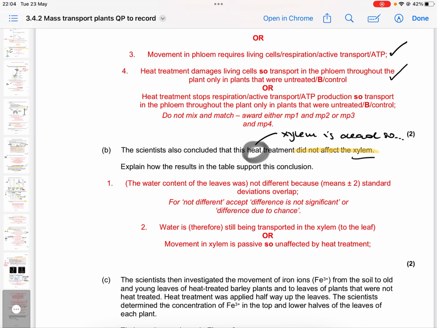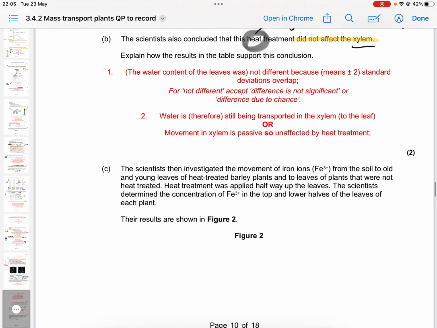So what does the table show us? The standard deviations overlap here, so there is no significant difference. And the reason behind that is because water is still being transported in the xylem. Xylem is dead, so it's not affected by the heat treatment.